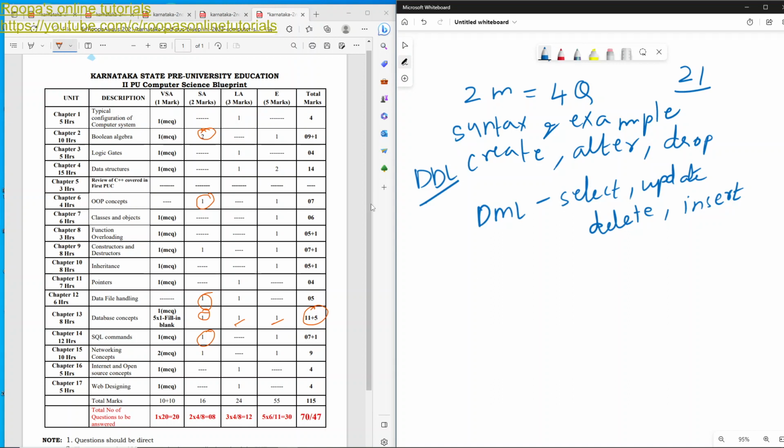Networking concepts again, it's a bigger chapter. But if you look here, we need only 4 chapters which you need to be thorough with, because for 2 marks there are only 4 questions that you need to answer. So if you are okay with Boolean algebra, chapter 2, there are 2 questions which will come from chapter 2.